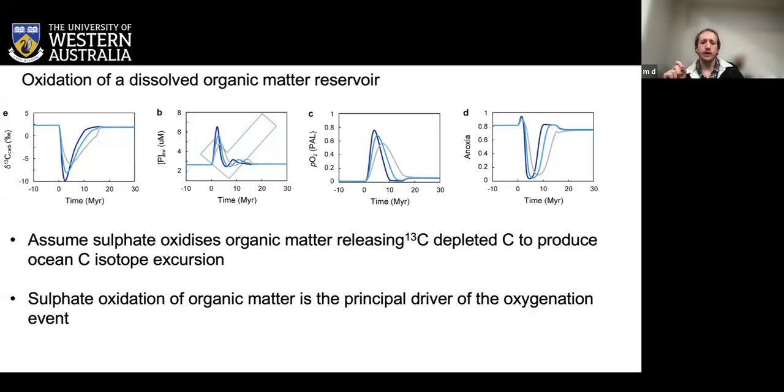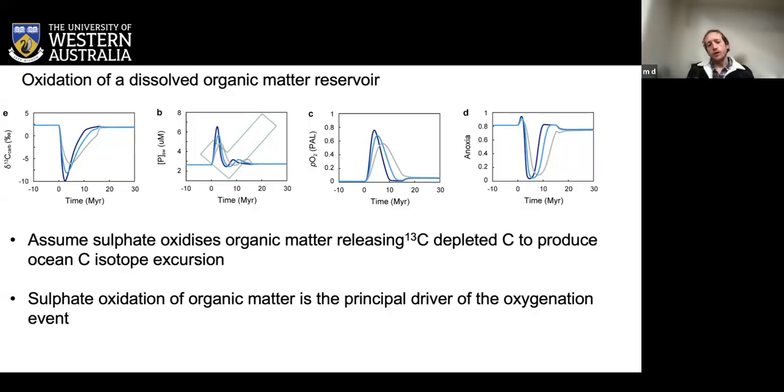We then see this spike decrease to a minimum. And this decrease is attributed to this increase in atmospheric oxygen. So as atmospheric oxygen levels increase, the amount of phosphorus in our sediments begins to increase because more P is being trapped as a result of these elevated oxygen levels in the ocean.